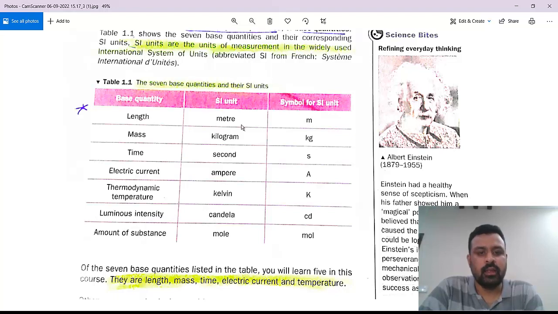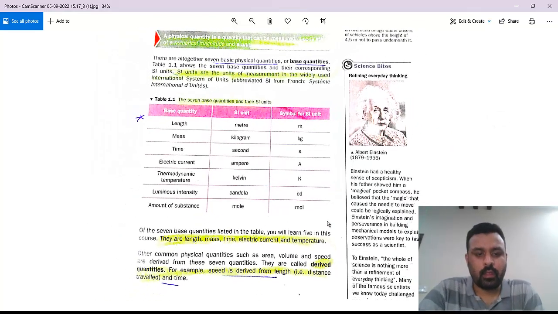And their SI units and their symbols are mentioned. Length unit is meter, mass is expressed in kilogram, time is in second, electric current is in ampere, temperature is measured in Kelvin, its symbol is capital K, luminous intensity is expressed in candela, cd, amount of substance is expressed in mole, mol. So you have to remember their units plus their symbols.